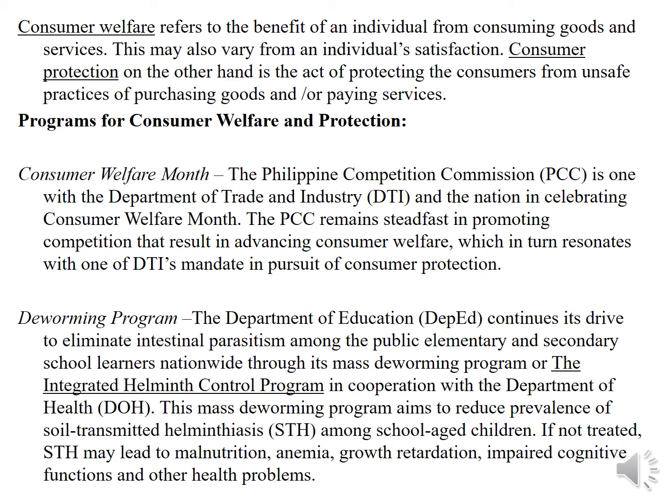This mass deworming program aims to reduce the prevalence of soil-transmitted helminthiasis or STH among school-aged children. If not treated, STH may lead to malnutrition, anemia, growth retardation, impaired cognitive functions, and other health problems.